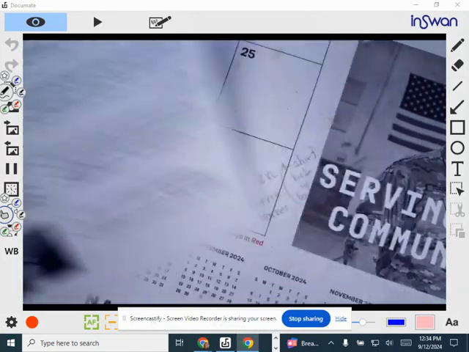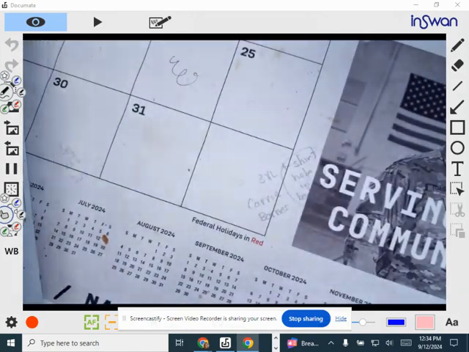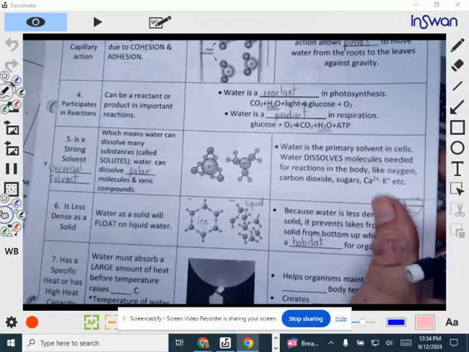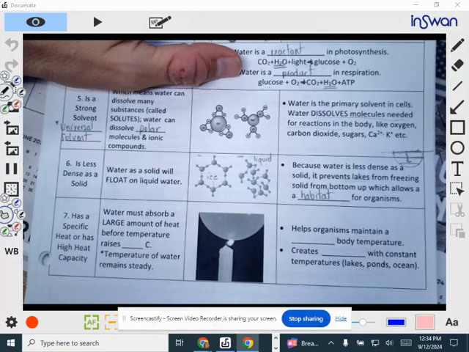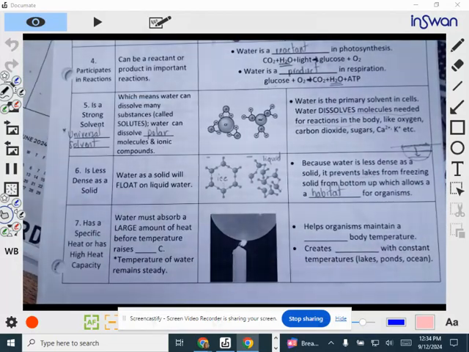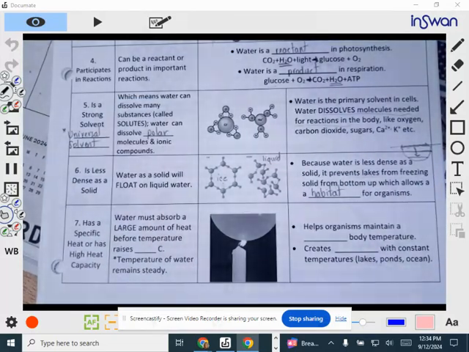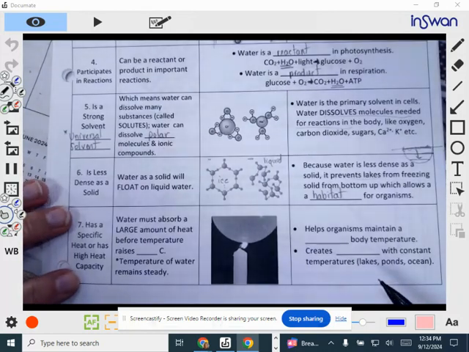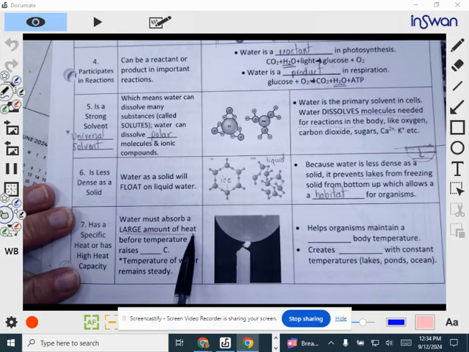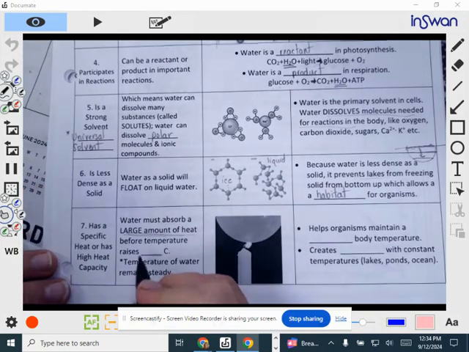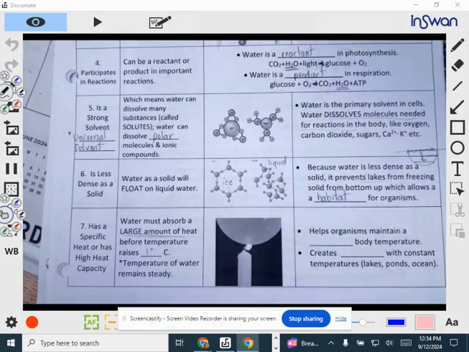And then the last property of water we're going to talk about is that water has what's called high heat capacity. You've probably recognized that it takes a long time for water to boil. What we mean by high heat capacity is that water can absorb a large amount of heat before it even goes up 1 degree.